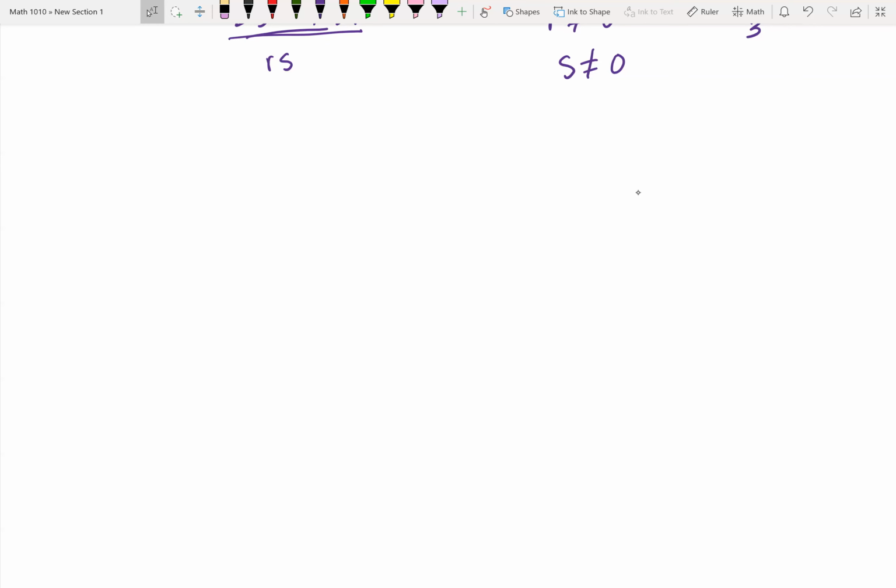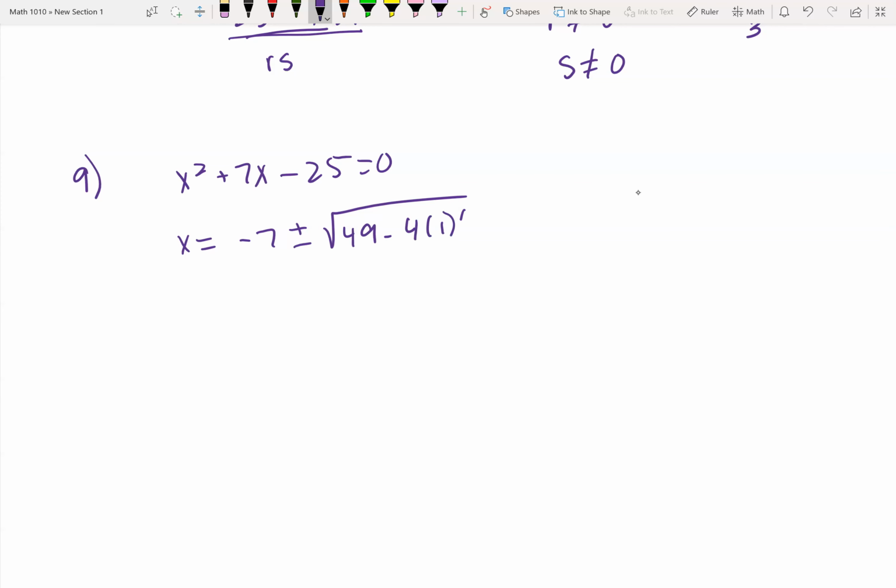Here's number 9. How many x-intercepts does it have? So to find an x-intercept, you let y be 0. So I think we're going to have to do quadratic. So x equals negative 7 plus or minus the square root of 7 squared is 49 minus 4 times 1 times negative 25, all over 2 times 1 is a 2.